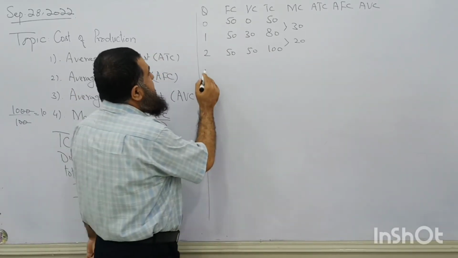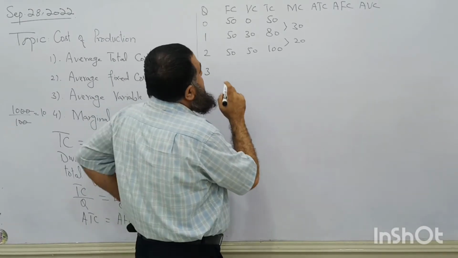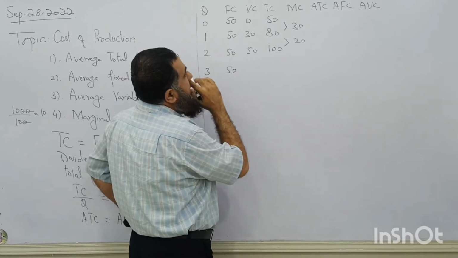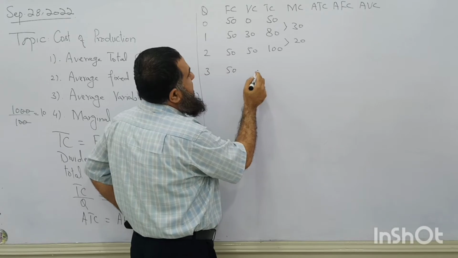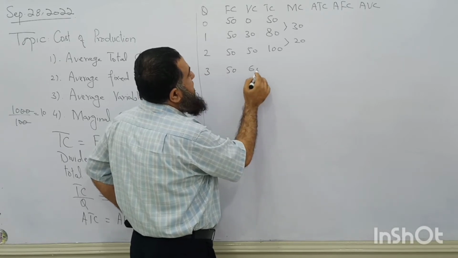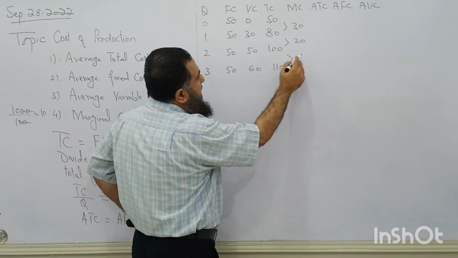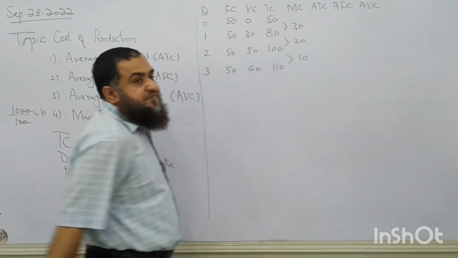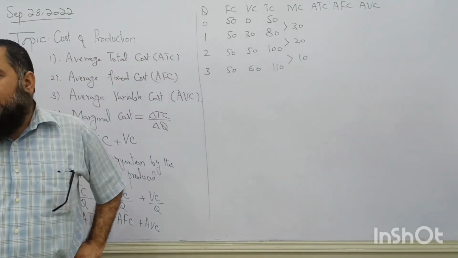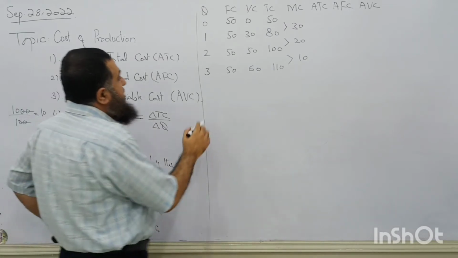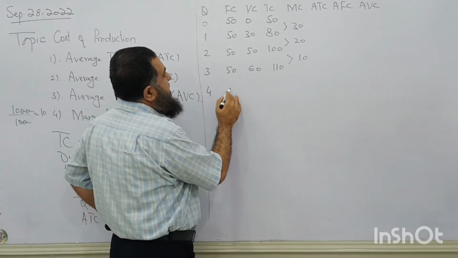Yes. Now the third unit is produced. We say this is 50 and we take over here 60. So how much is the total cost now? 110. Marginal cost is 10. What is the marginal cost now? 10. So after this, what is going to happen?